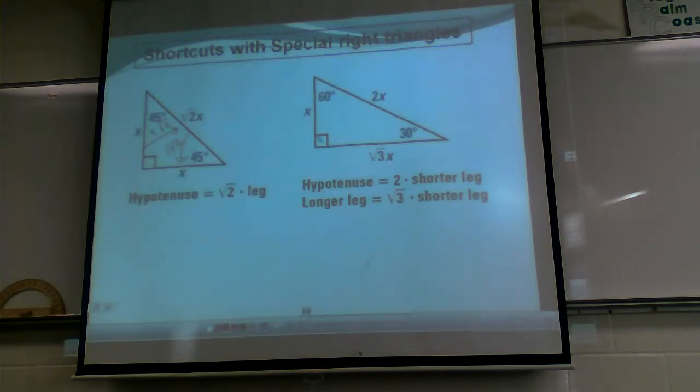That's really the shortcut there. Such as if this was my 45, 45, 90, and I said this side is like 7, I automatically know that if I put an x and y there, these two are the same, so that's 7, and this is 7 times square root of 2.